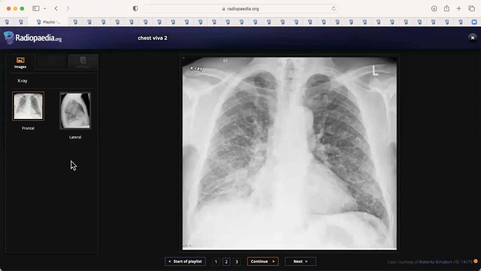I'm going to check the bones. The bones are unremarkable. There is opacity seen at the right middle and lower lung zone. It's also obscuring the right hemidiaphragm. So I think it is within the right middle lobe and the right lower lobe.